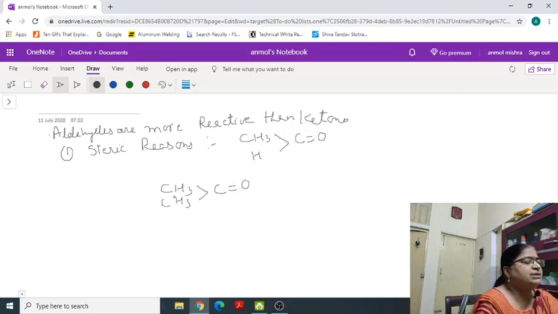The large size alkyl groups hinder the attack of the nucleophile on the carbon atom. This is due to the presence of a single alkyl group in aldehydes as compared to the double alkyl group in the ketone.